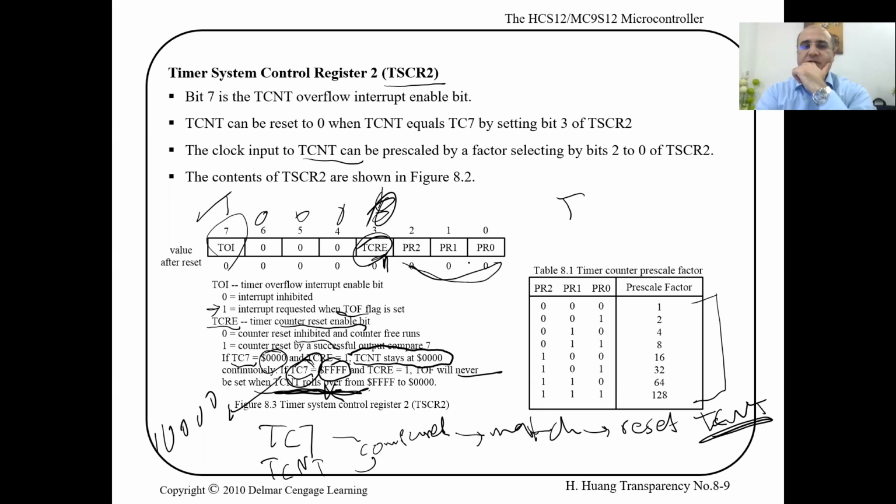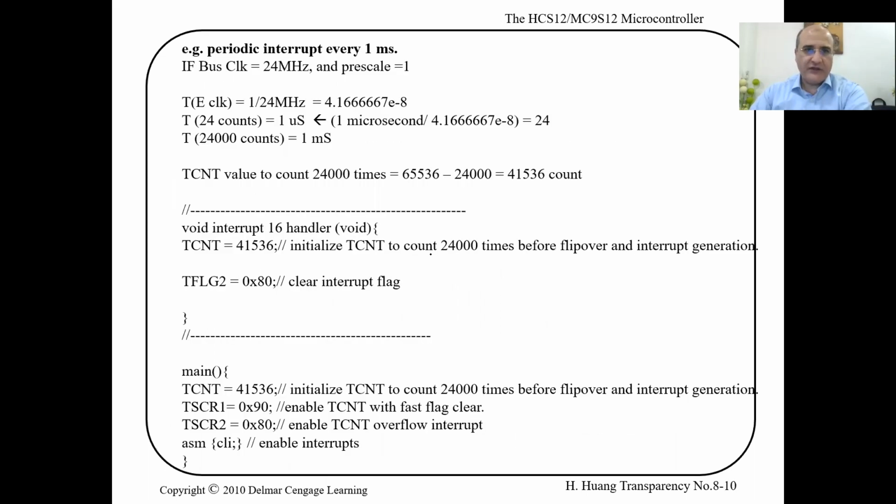These 3 bits we can set to decide how fast we want to increment. I did an example for you on the next slide. So if you copied the slides earlier, I added this new one.